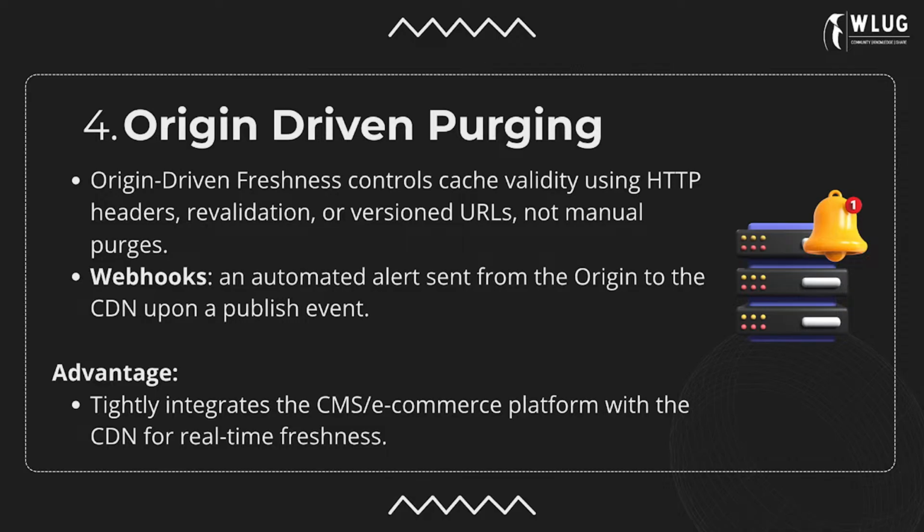So the next one is the origin driven purging. So this is an automated explicit method for dynamic systems. Here, the origin-driven freshness controls the cache validity using the HTTP headers, revalidation, or version URLs, and not manual purges. So we use tools, and one of the tools is Webhooks, which is an automated alert sent from the origin to the CDN upon a publish event.